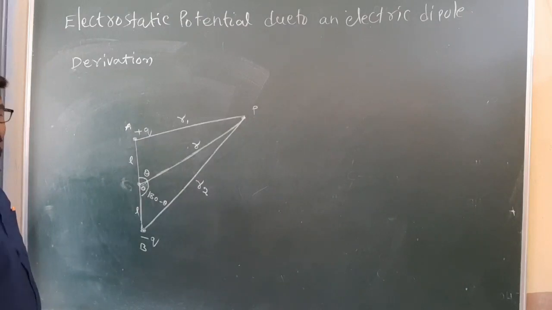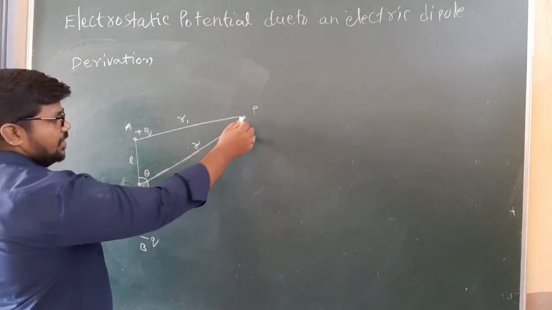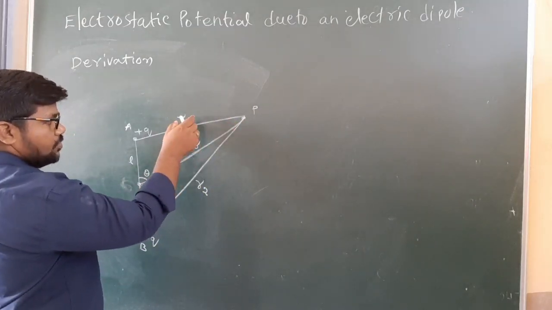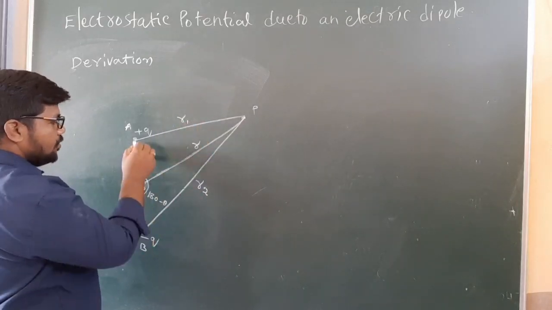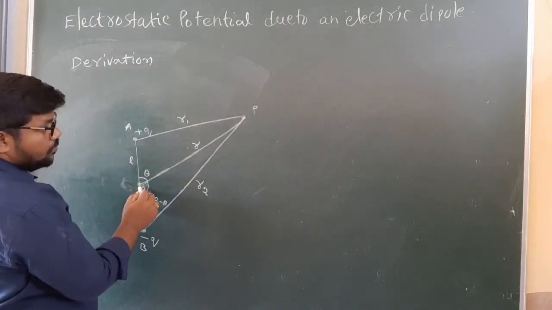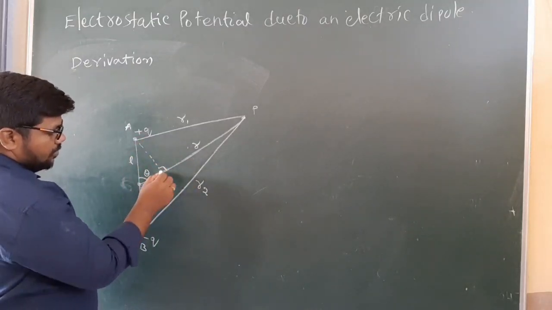Now we are finding the distance r1. To find r1, we have to draw a perpendicular line from A to OP.